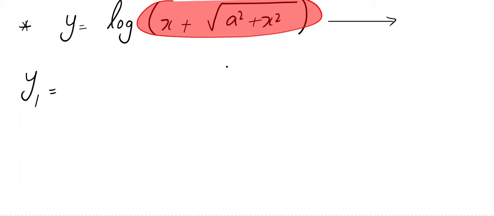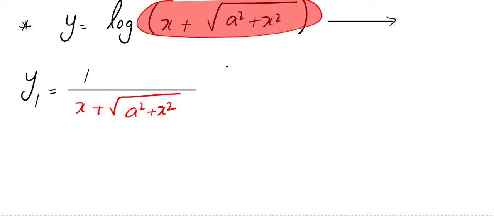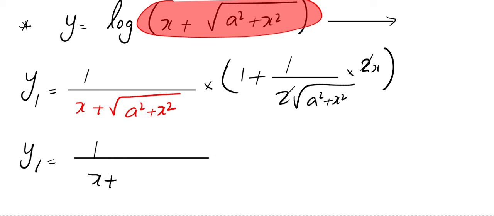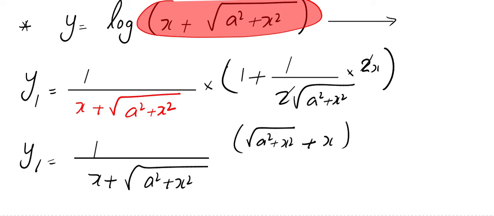So log something, the derivative will be 1 by the same quantity times the derivative, 1 plus 1 by 2 root into 2x. That is y1 equal to x plus root under a square plus x square, and when we take LCM we get 1 by root under a square plus x square.